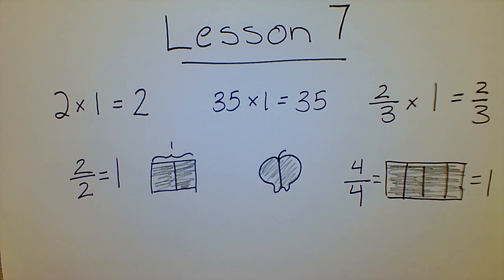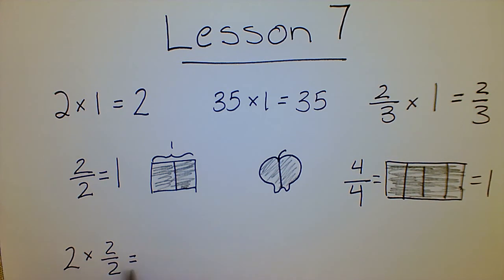Okay, so now that we know that if you multiply by 1, you aren't changing the value of the number or the fraction. And similarly, now what that means is that if I were to take 2 and multiply it by a fraction that is equal to 1, so let's just take that 2 over 2, I'm still just going to have 2. The value isn't changing.